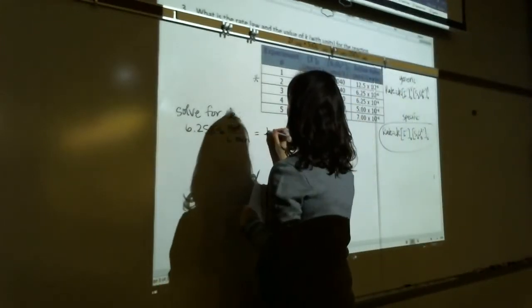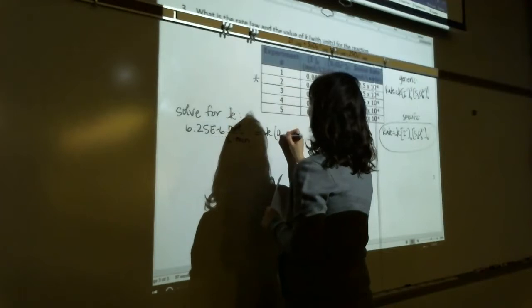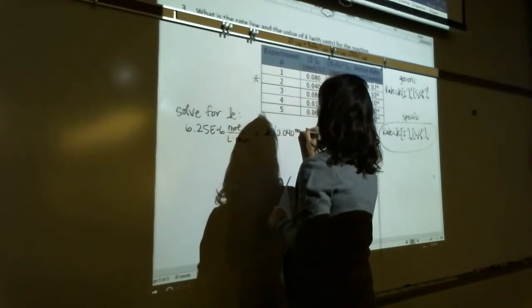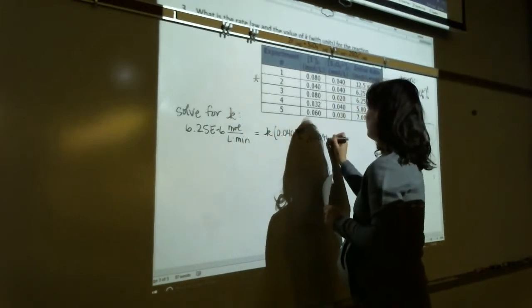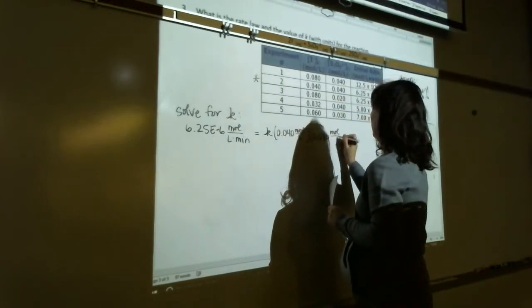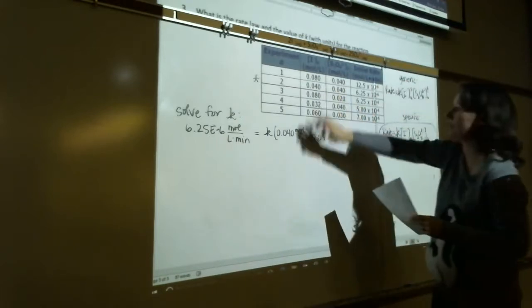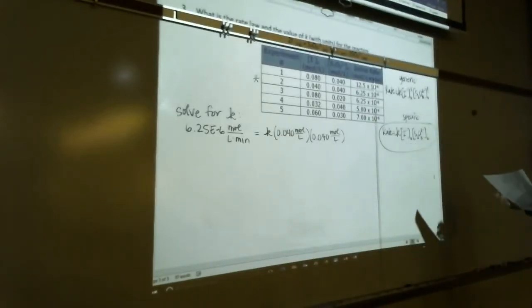Is equal to K times 0.040 moles per liter times 0.040 moles per liter. I'm just plugging everything into my rate law that I just determined.